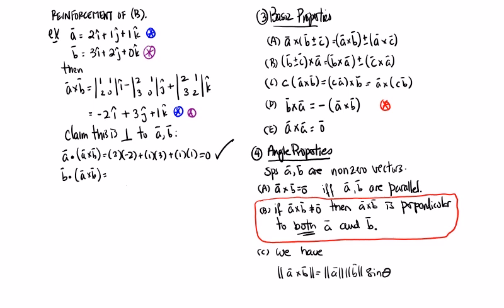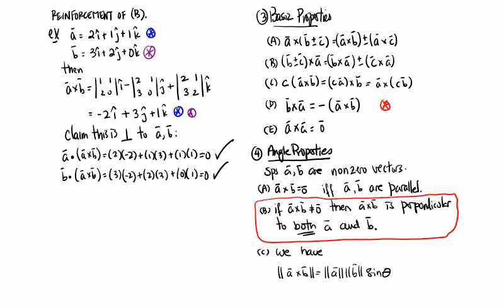So when we dot those, here we get 3 times negative 2 plus 2 times 3 plus 0 times 1. And that is also 0. And this will always work. In other words, the cross product will always, when you dot it with the originals, give you 0.